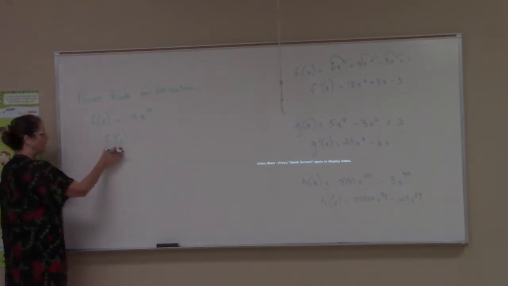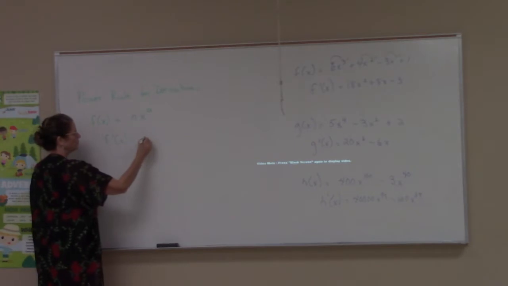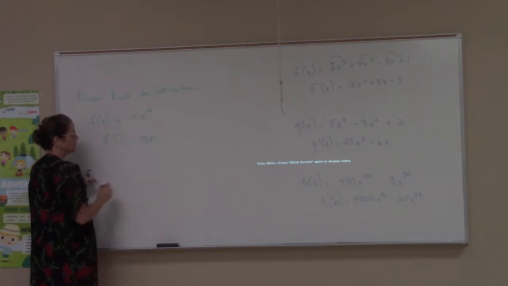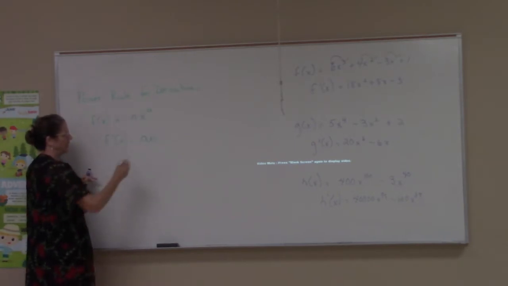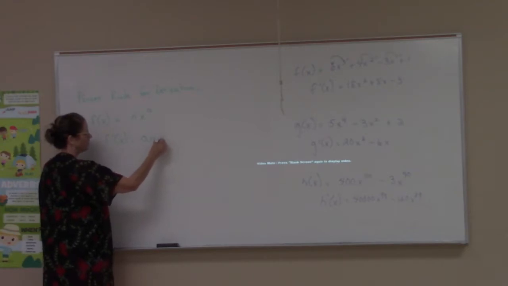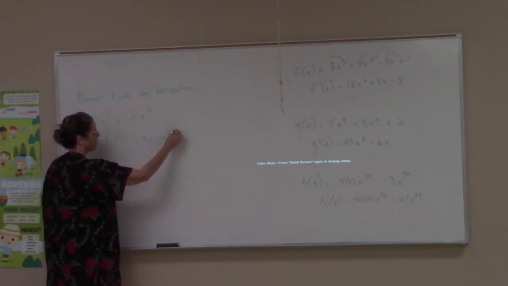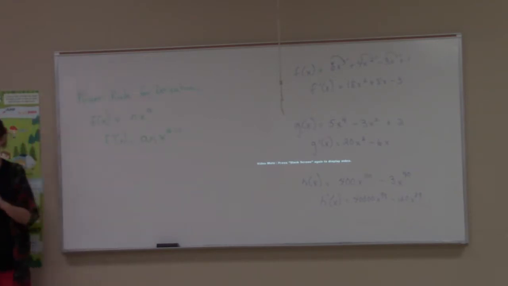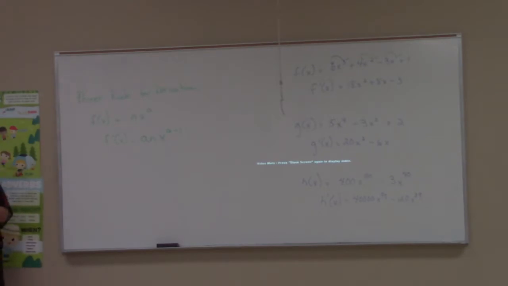So to find the derivative, you're going to multiply a times the n, and then you're still going to have the x power, and then it's going to be a minus 1. Okay? So a times whatever your coefficient is, and then a minus 1. And you subtract 1 every time.